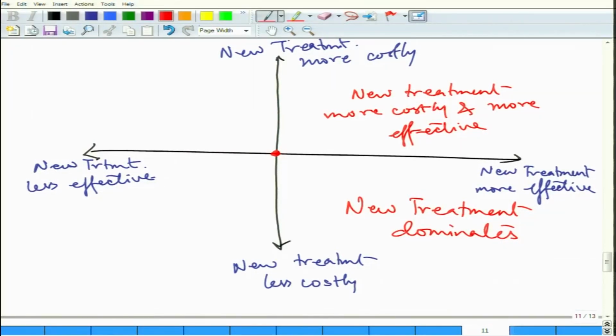If I move, I get any point, and all these points give me the incremental cost effectiveness ratio, they will give me an ICER. Then on this quadrant we can see that my new treatment is more effective, but the cost is also coming down. So it's a win-win scenario, and you will certainly close your eyes and go for this new treatment. So, the new treatment dominates.